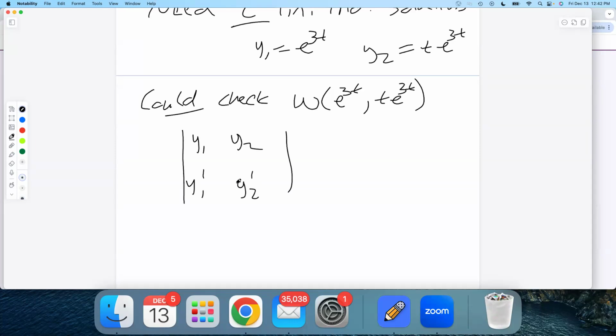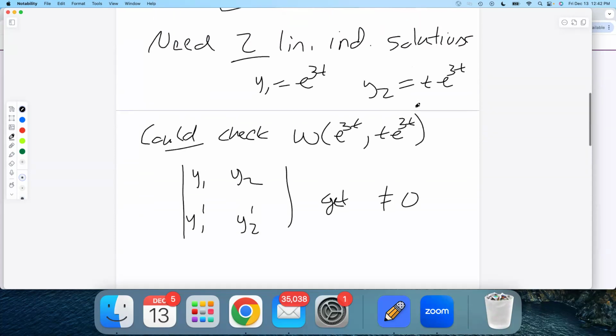And we would check the determinant of that, and you'll see that we would get something that is not equal to 0. 0 is bad. If you get 0 from the Wronskian, your set is dependent, and you're not going to get a full general solution out of them. These are independent.